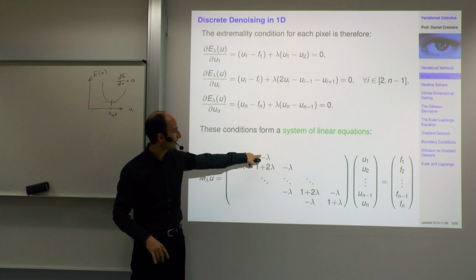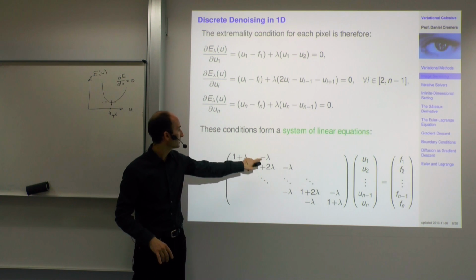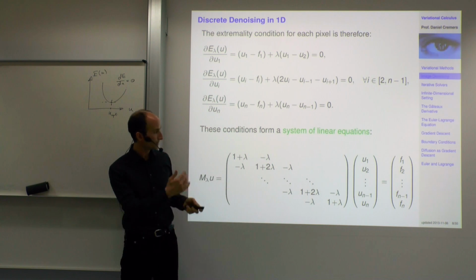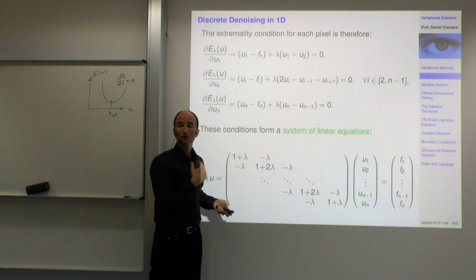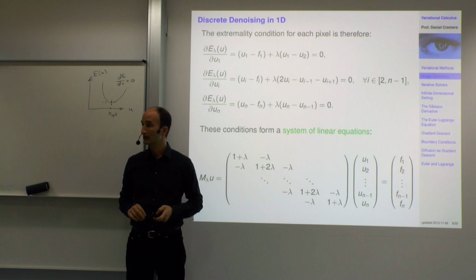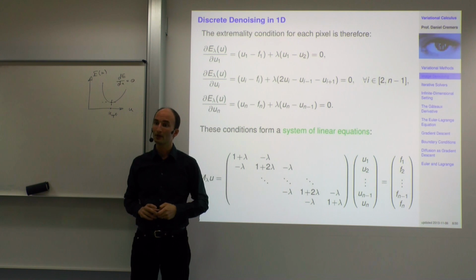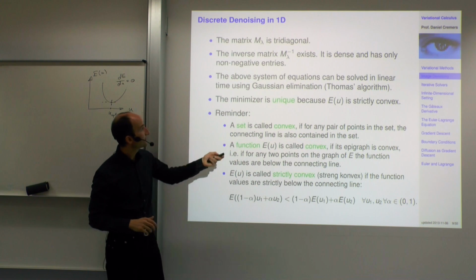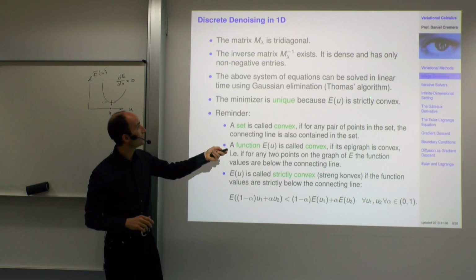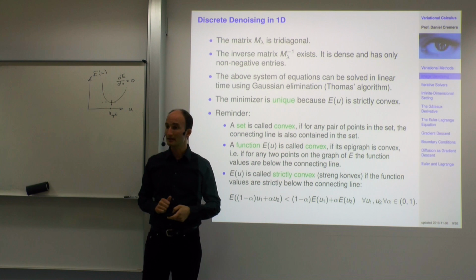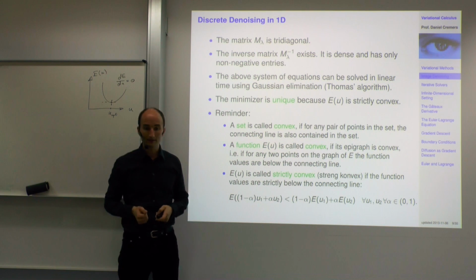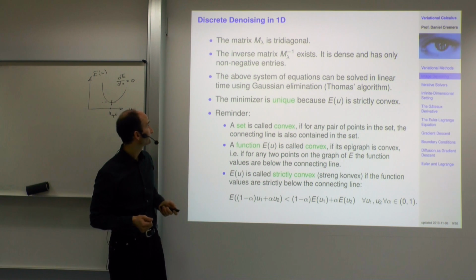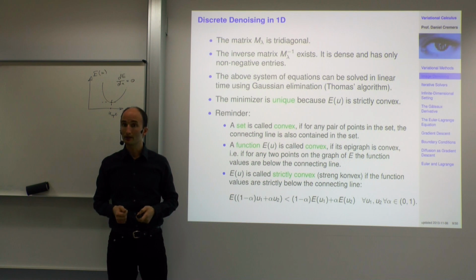If you plug the first equation into the second, you can eliminate this term, etc. And so you just need to do one or two sweeps in a tridiagonal system to solve the equation. In fact, for tridiagonal matrices, Gaussian elimination is called the Thomas algorithm. And it's quite fast. It's linear time. So that's usually a good thing.